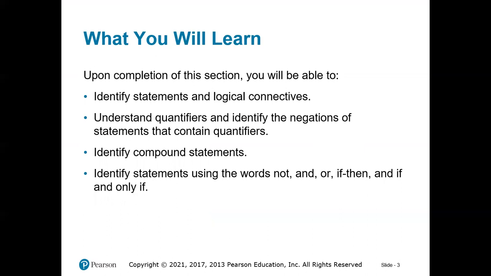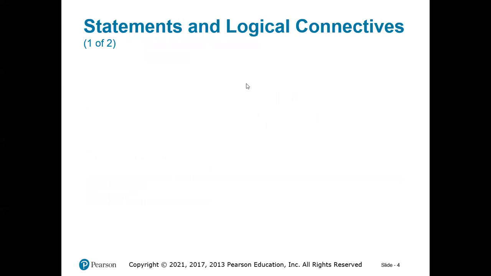If you have two or more statements connected by logical connectives, you obtain what's called a compound statement. And then we'll talk more about the if-then and if-and-only-if, which are nothing but operations on statements. I know at this point it's confusing and it's not making any sense, but just be patient with it and we'll introduce things little by little and you will have the chance to understand every single word I just said.